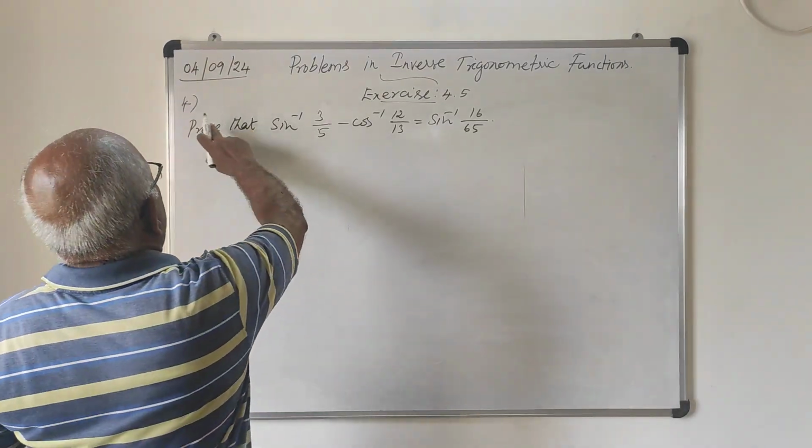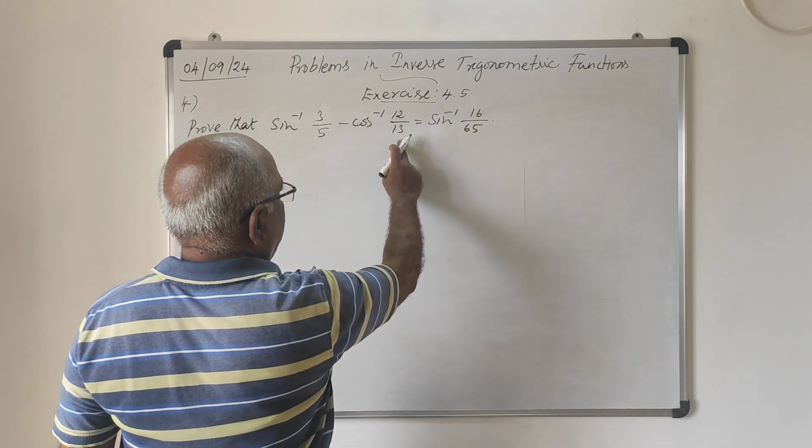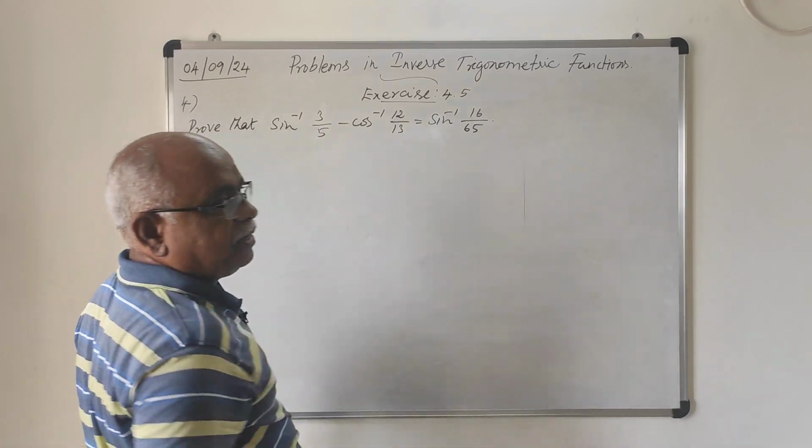Next, the fourth problem. Prove that sin inverse of 3 by 5 minus cos inverse of 12 by 13 equals sin inverse of 16 by 65.